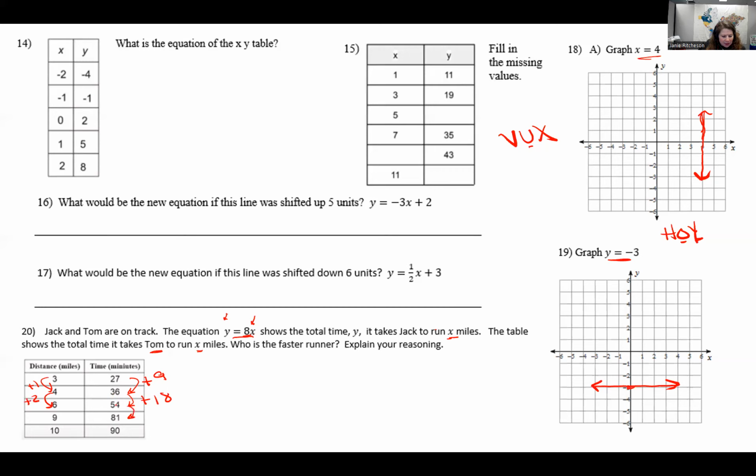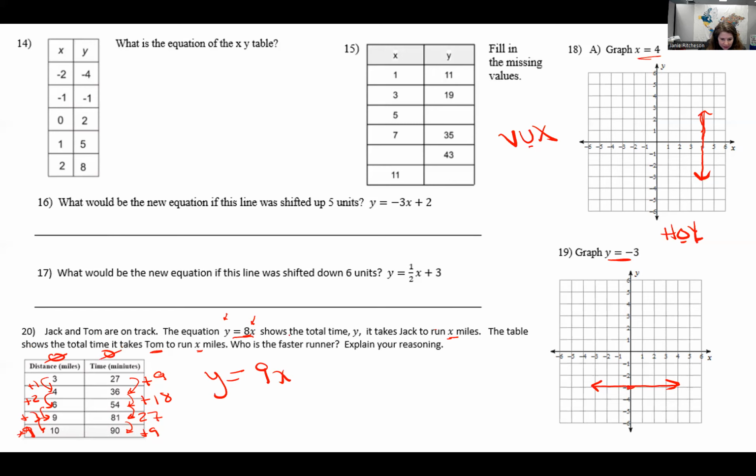And then 81 minus 54 would be 27 over 3. And then 9 over 1. So it looks like they're all 9 over 1, 18 over 2, 27 over 3. Yep, so this is increasing by 9 consistently. So this is y equals 9x. And our 0 would be 0 here.